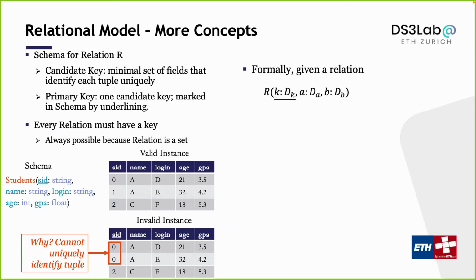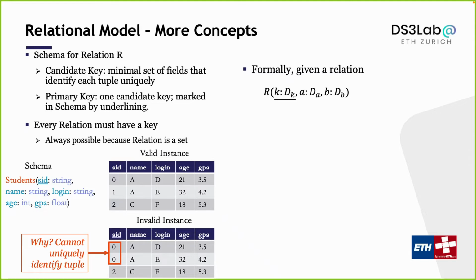So we can go a little bit more formal to actually define what this is. Essentially, if you give me a relation with the following schema, the name is R, and it has 3 collections of attributes: K, A, B, right? They have their own data types, dk, da, db. And then the primary key is K, okay? This set of attributes.